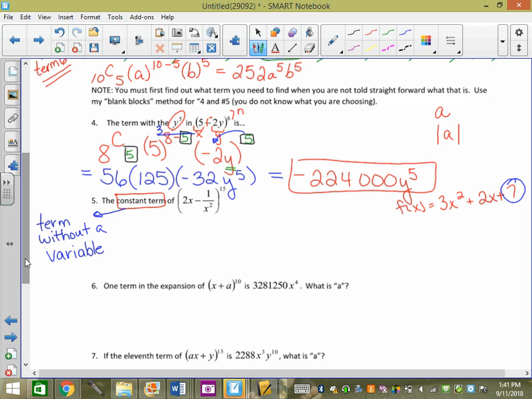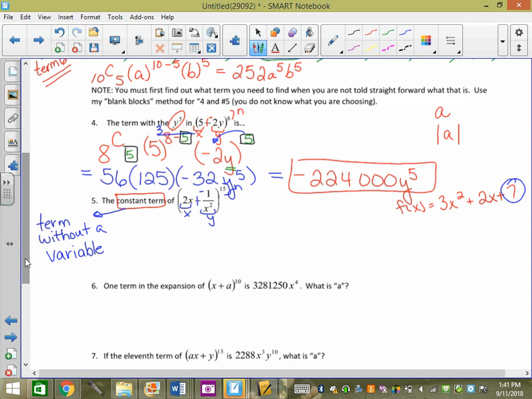Okay. They want the constant term. I know x, I know y, I know n. I have no clue what k is. But can I still fill in stuff and put boxes in and hope that I can figure out possibly which one would get rid of all the variables? Yes. This is one of the harder ones. So I'm going to go plus and minus. So this is my x, this is my y, this is my n.